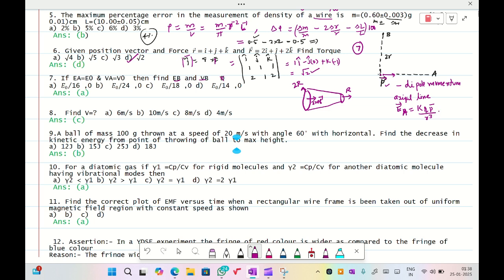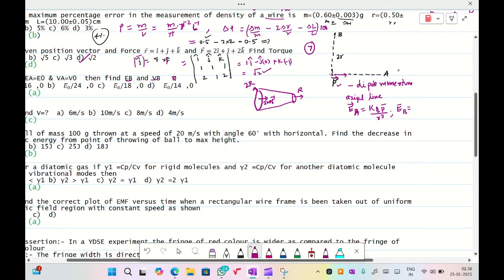Now E at B, the electric field at B, is equal to K into P bar by, here R is equal to 2R, that equal to 8R cube. So 2Kp by R cube is equal to EA, which is given as E naught.